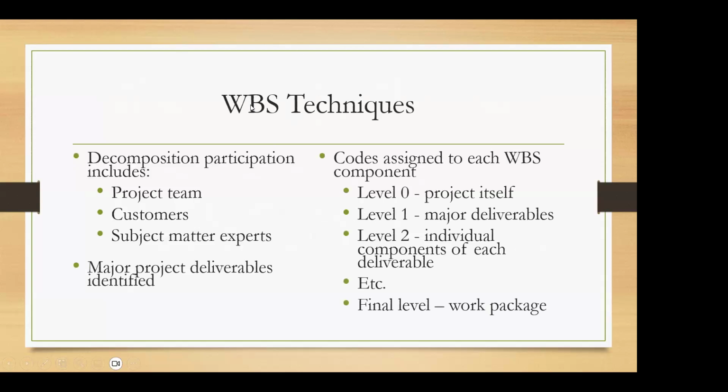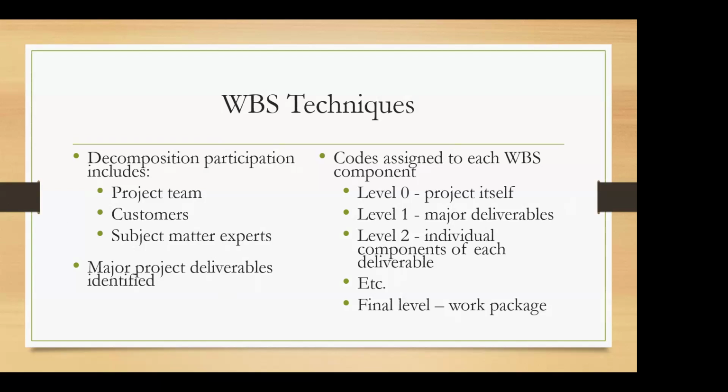In the WBS, the technique that we are using is decomposition. Decomposition will be done through a collaboration between the project team, the customers, as well as the subject matter experts. They will come together in order to decide how this work needs to be broken down. First they will identify the major project deliverables, and then they will assign codes to each of the WBS components.